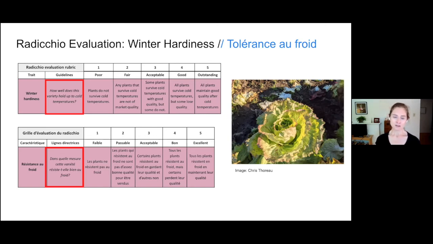If this doesn't apply to you, if you're not harvesting over winter, if you harvest everything before it gets cold, just leave this blank. That's totally fine. The other thing about the question about cold is that because we know your location and your hardiness zone, we can sort that out when we're looking at data. So we can see if cold ratings in one region are different than those in another.